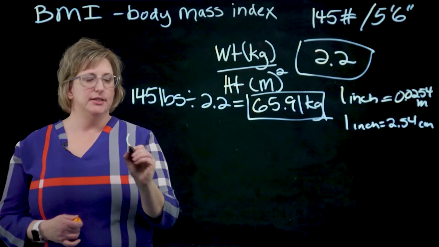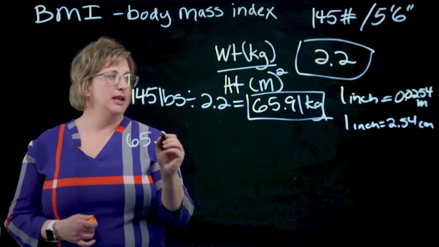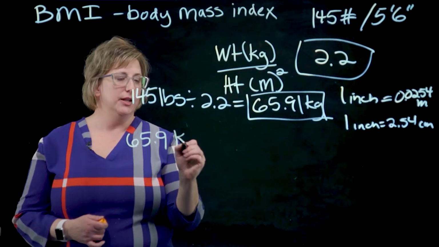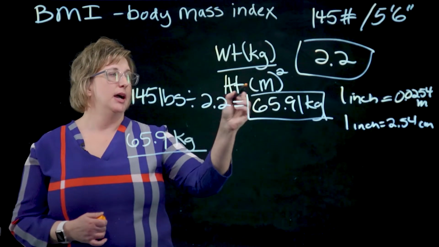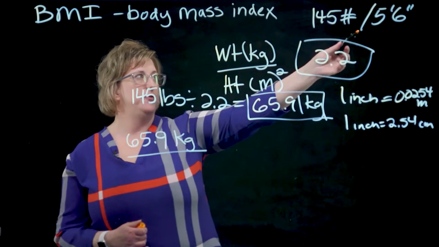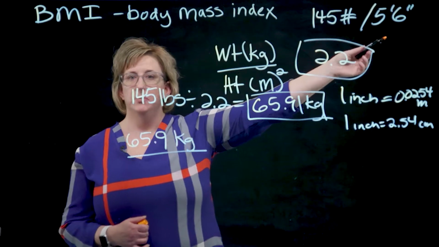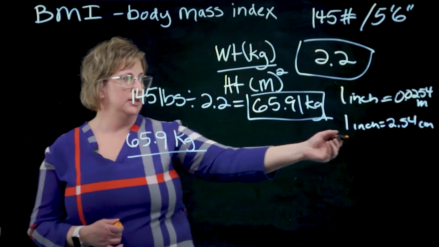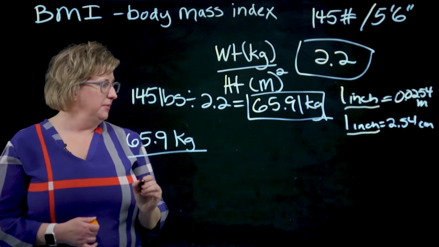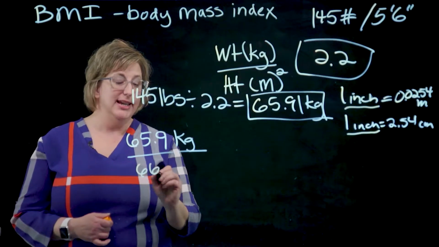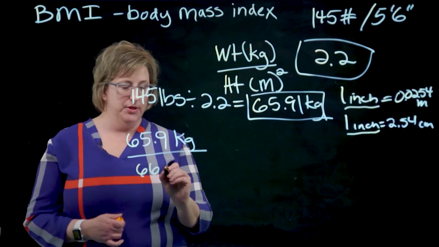So let's plug those numbers, now that we have them, into our formula that we have right here. So I have 65.9 kilograms, and I'm going to divide that by my height, which is 5 feet 6 inches. So if I'm going to put that totally in inches, because I need it in inches to get into there, I'm going to do what? I'm going to take 66 inches and I'm going to multiply it.